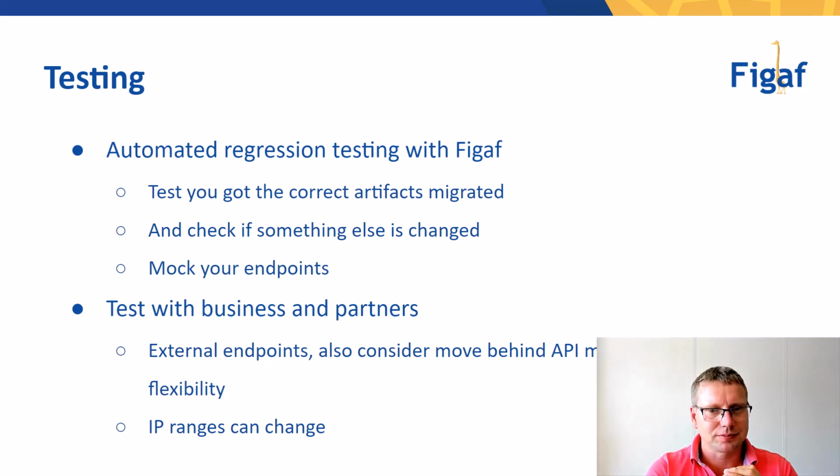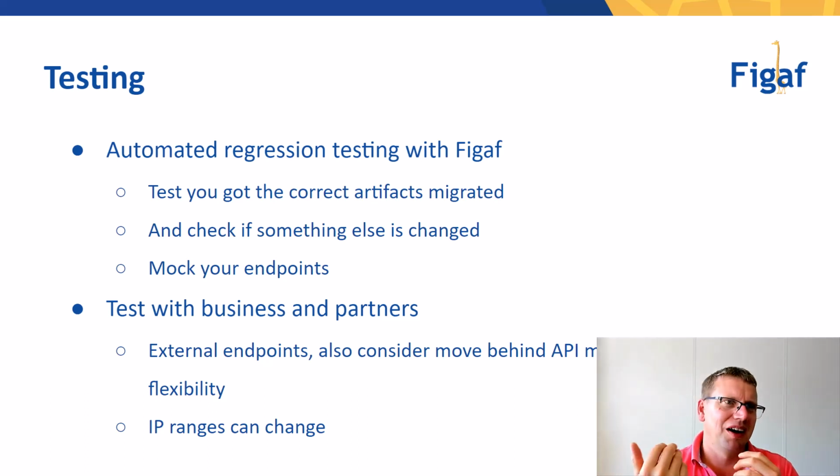And I think, with the FigAF tool, it is really easy to create test cases for your integration scenarios and run them on the integration systems without involving the business. You can mock endpoints to see that everything works as you would expect.